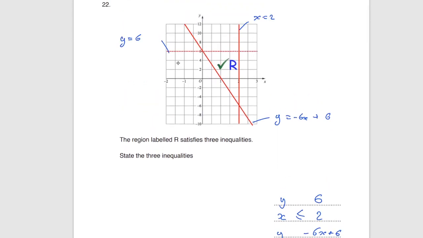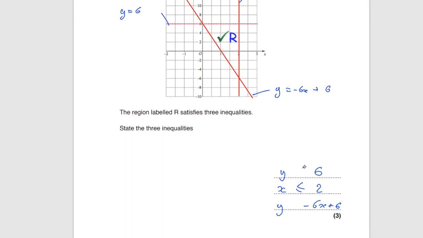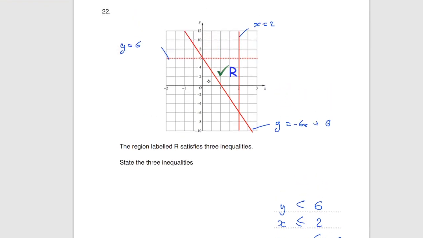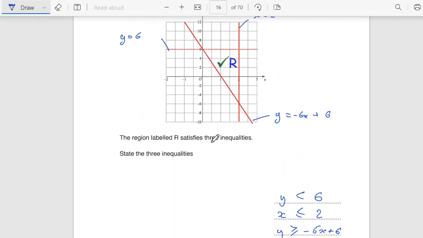This one is a dashed line, so it's going to be less than. And then the final line, I'm after the points where y is bigger than minus 6x plus 6, so greater than or equal to. So those are my 3 inequalities.